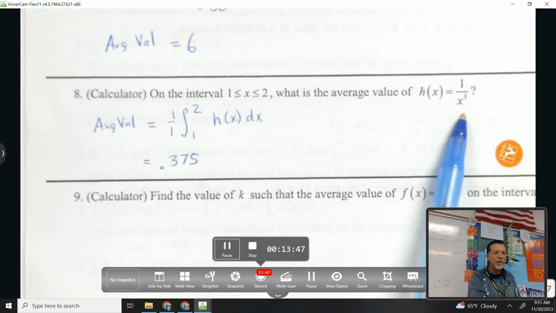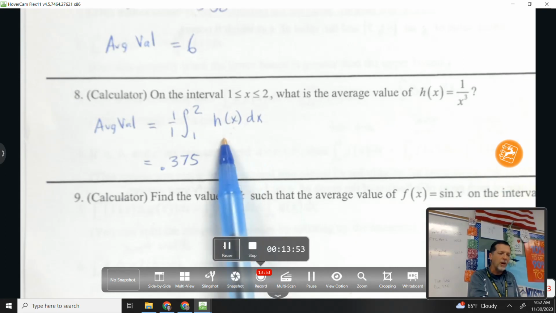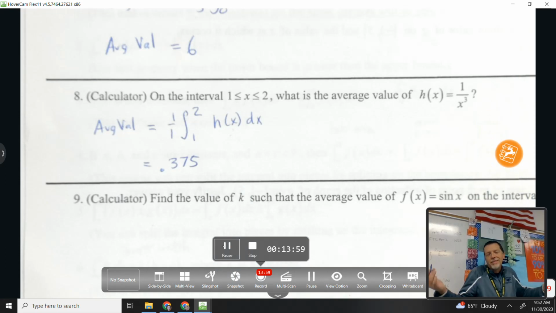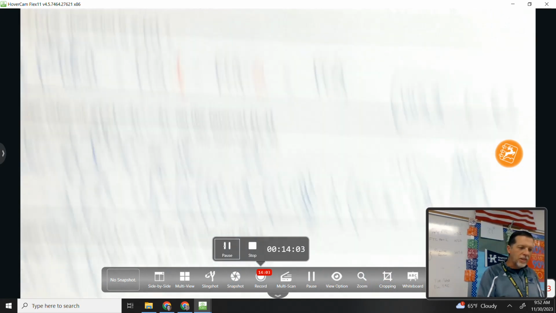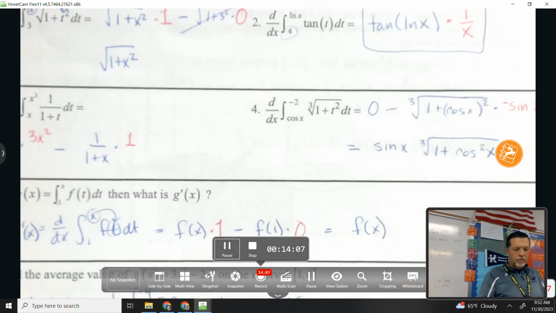But sometimes that's helpful if your function is really long and crazy. Then you don't really want to write it all again. You'd rather just say h of x, and that's okay to do. Again, if it's 1 over x cubed, it's not a big deal. But if it's one of those crazy ones, and you didn't want to rewrite all that, you could just use f of x.